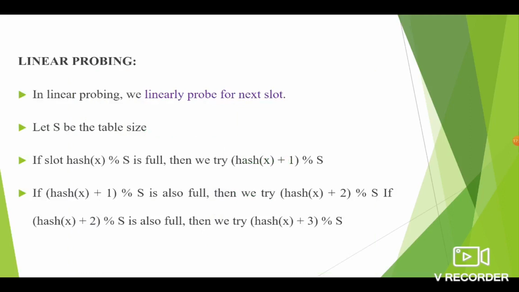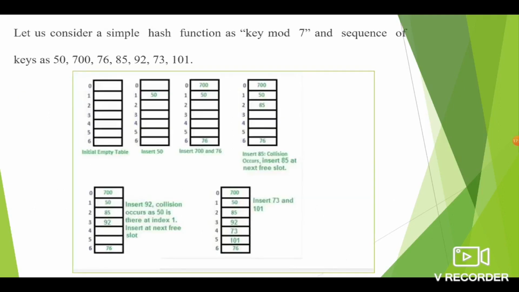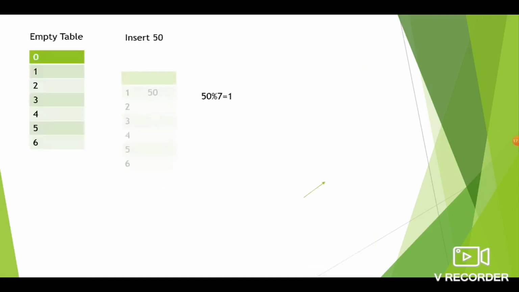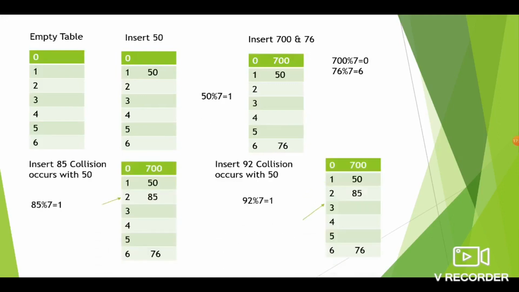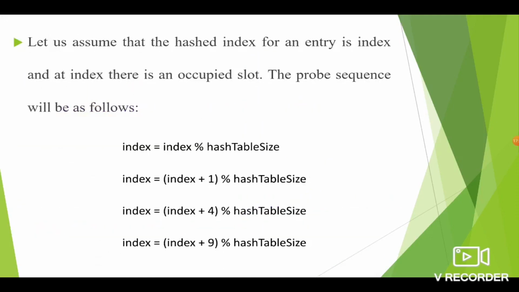That is hash of x plus 1, hash of x plus 2, hash of x plus 3 and so on. Whereas in quadratic probing, the interval differs. It is not index plus 1, index plus 2, index plus 3; it is index plus 1, index plus 4, index plus 9. So by using these methods, we can solve the collision.